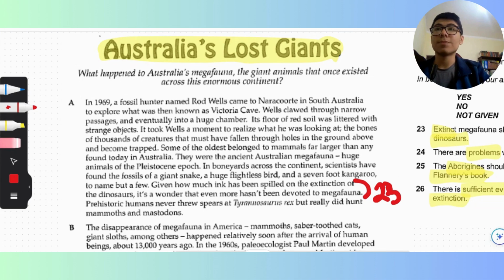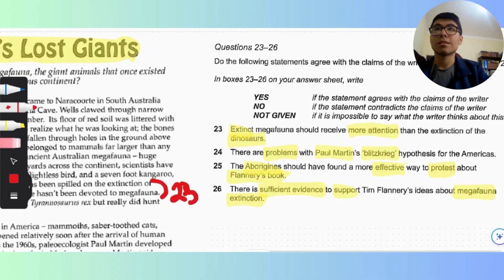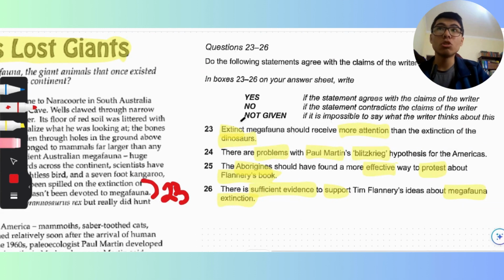So let's turn it into a question: should extinct megafauna receive more attention than the dinosaurs? What is the writer's opinion about that? Yes, because there's been a lot of attention on the extinction of dinosaurs, but there has not been enough on the extinction of megafauna.